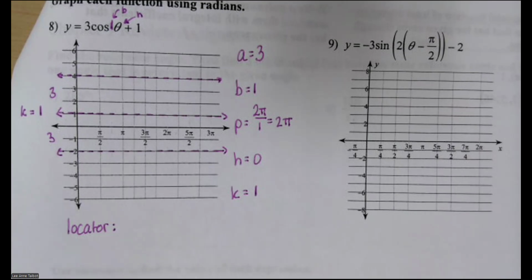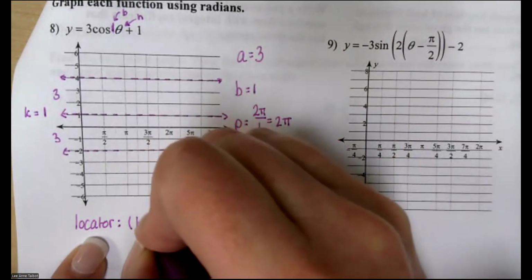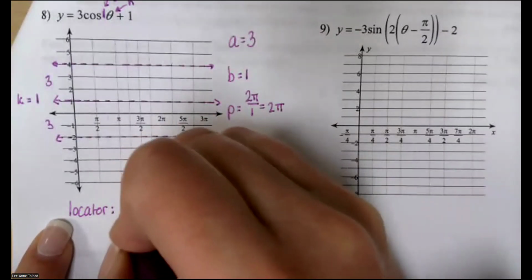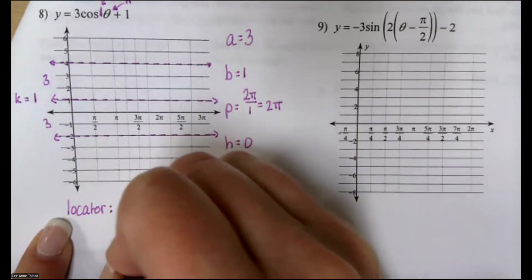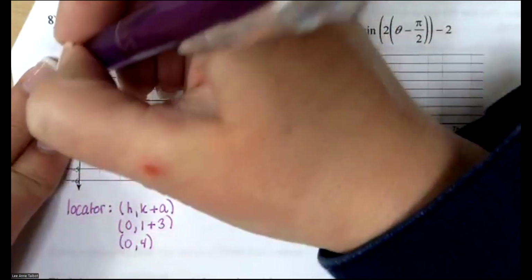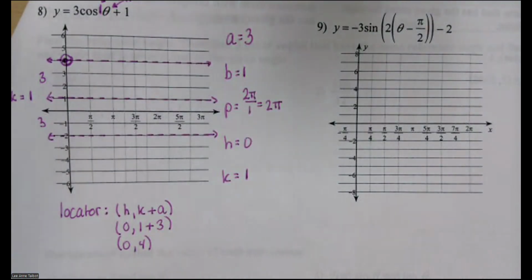Any questions so far? You guys good with the midline and amplitude? That's the easiest part. So locator point for cosine is h comma k plus a. So 0 comma 1 plus 3. Okay, and does that jive with the fact that this is cosine? Right? It's on the top.